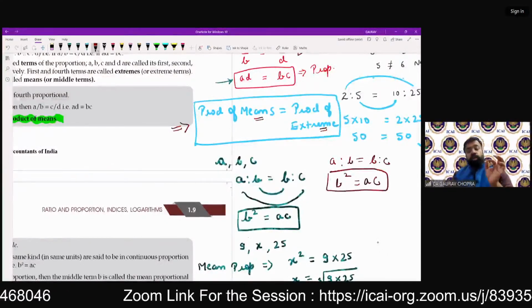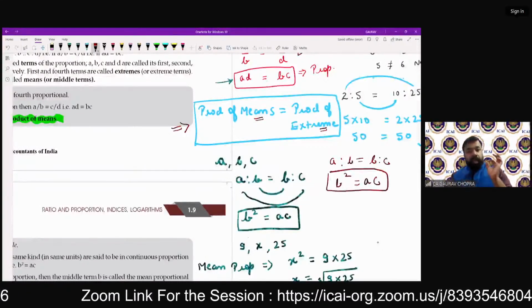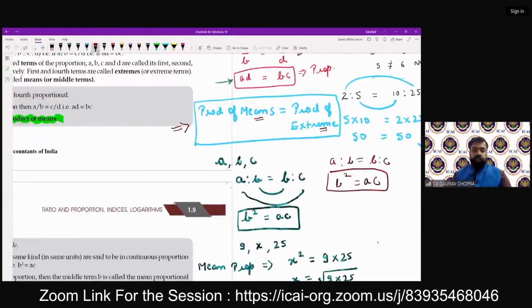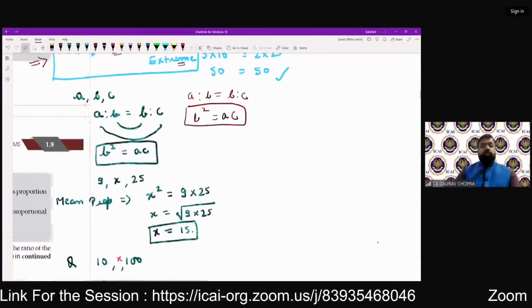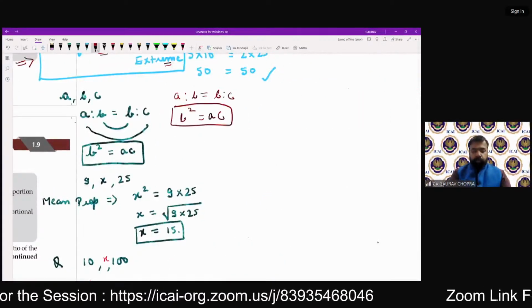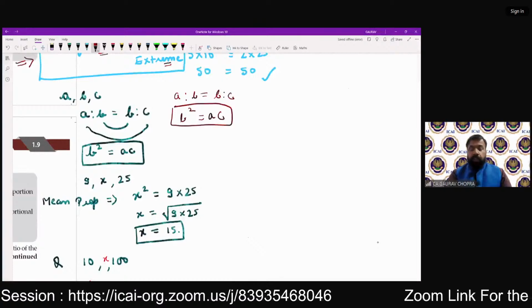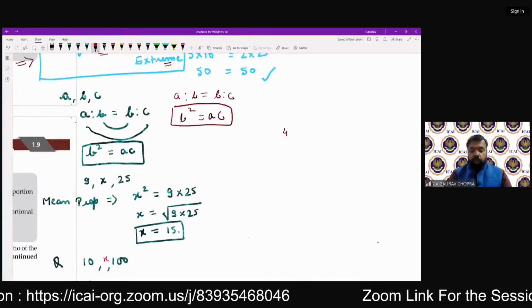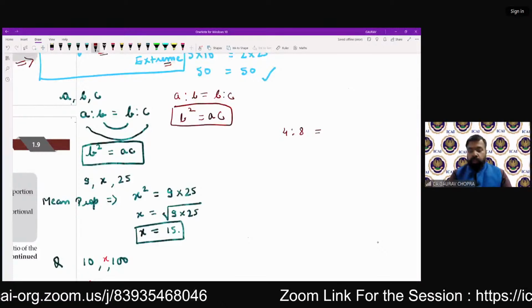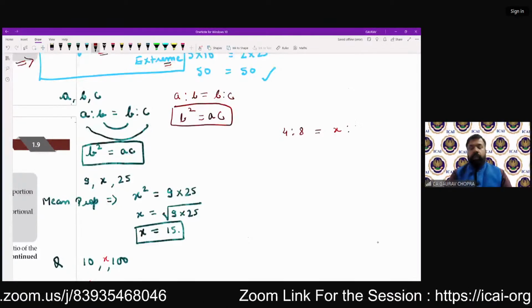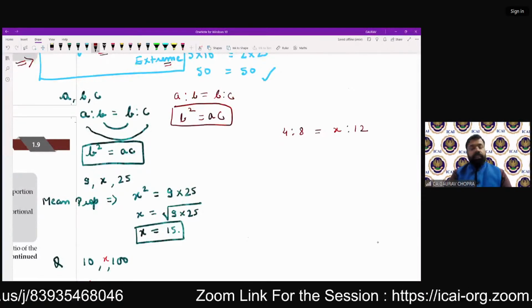Now this is the most important aspect that comes in the exam. Many times in proportion, questions of this pattern appear, especially the missing figure type of question. Let's take the question: 4:8 is equal to x ratio 12. Find out the value of x.